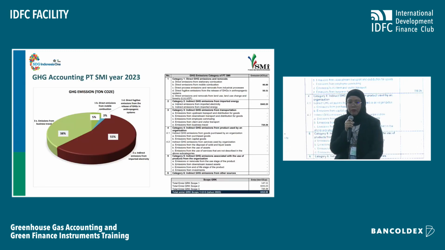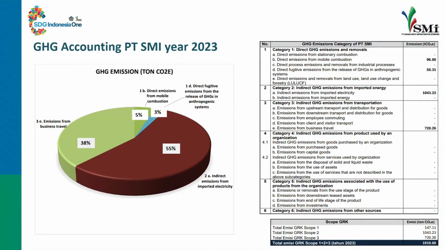So we have already defined all the GHG emissions produced by PTSMI. In the GHG accounting of PTSMI for the year 2023, as we see in this chart, the biggest one comes from the emission from imported electricity.